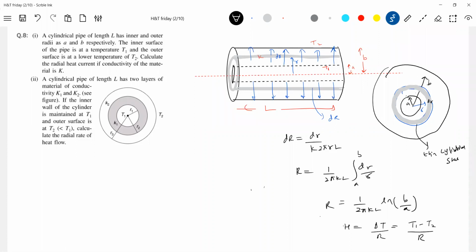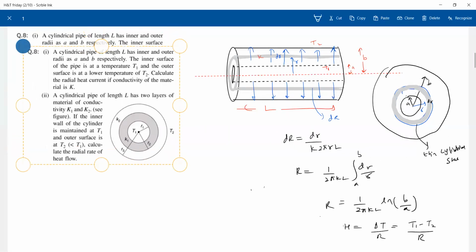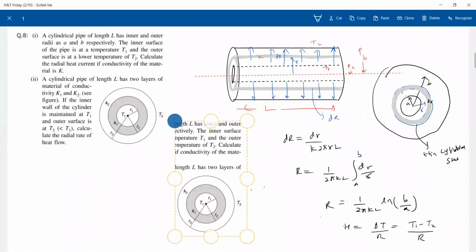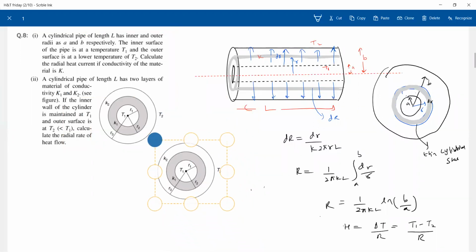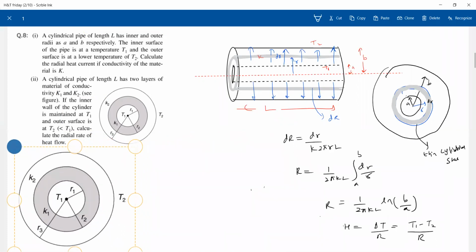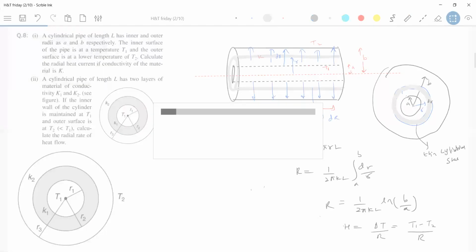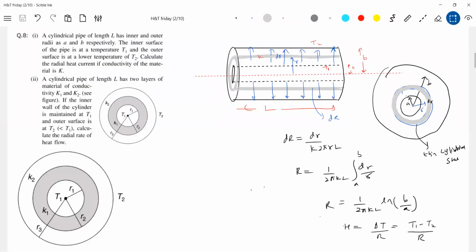The same amount of heat will pass through both. Look at this diagram. The same amount of heat will pass through.